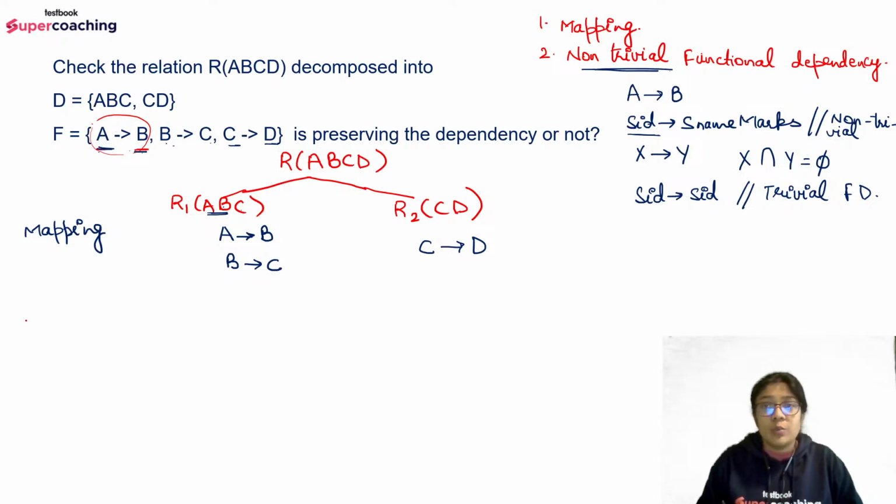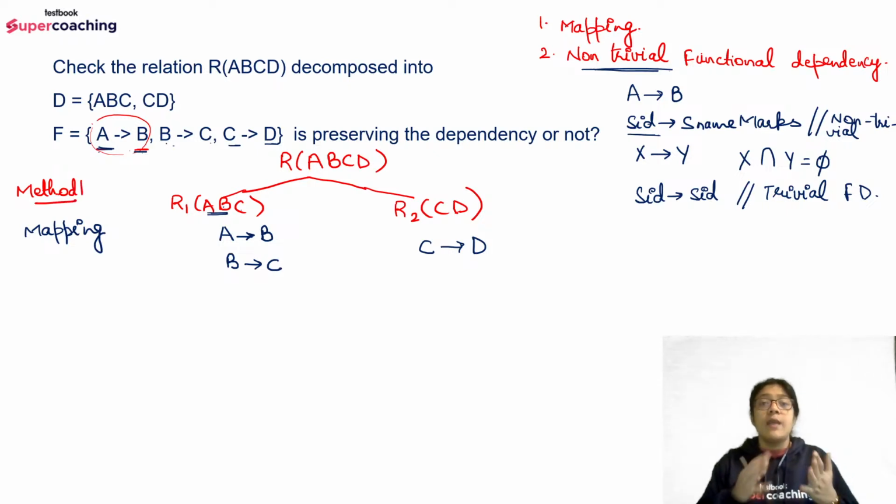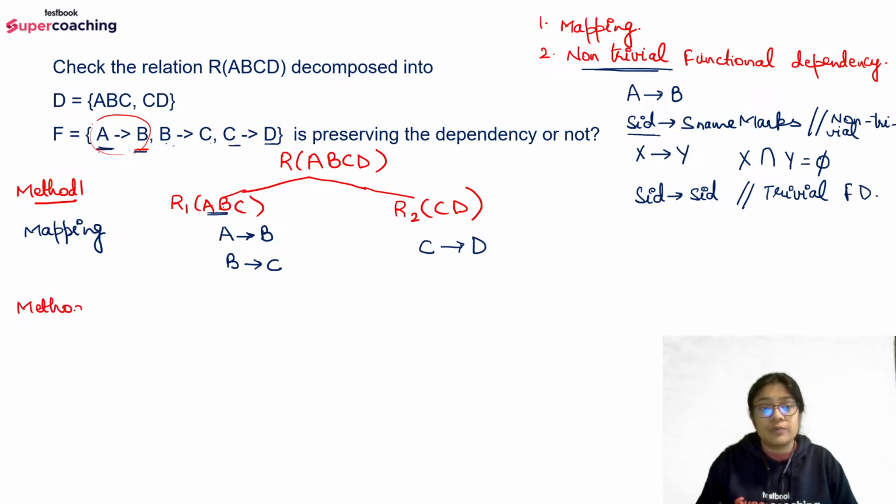Now let's check with non-trivial functional dependencies. This is method 1. आप ऐसा भी कर सकते हो, जो भी functional dependencies method 1 से आ रही हैं, मैप हो रही हैं डायरेक्टली, उनको करवा दीजिए. जो डायरेक्टली मैप नहीं हो रही है, सिर्फ उनके लिए non-trivial functional dependencies find कर लो. So now here let's consider method 2.